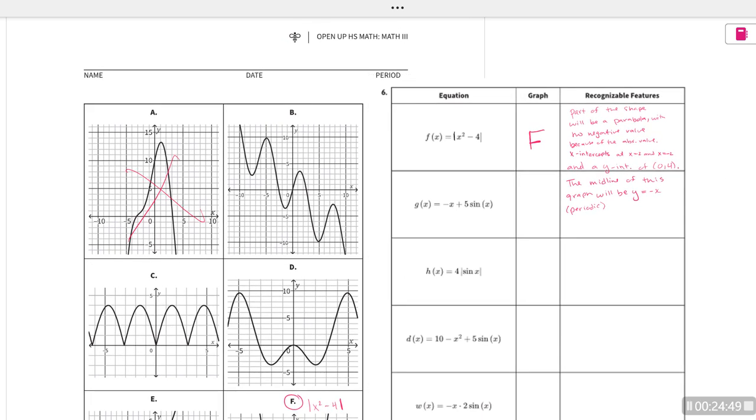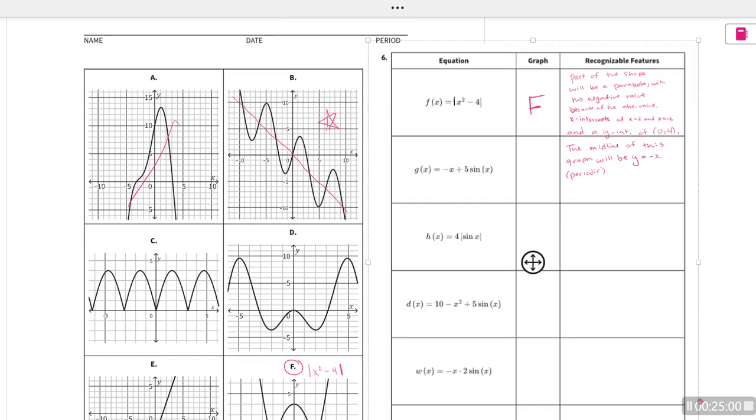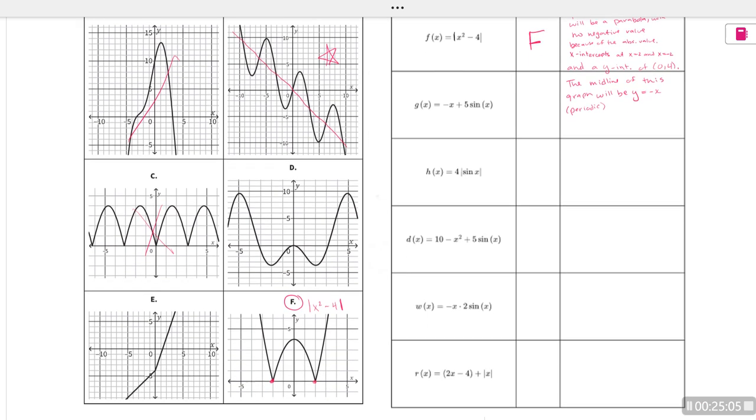So here, this is not periodic. We don't see things repeating itself. B certainly looks like it could be it, so let's definitely keep B in mind. C does have some periodic tendency. We see some replication, but we're not seeing that y equals x come up here. We're not periodic. And here we're all seeing a little bit of symmetry, but we're not seeing the sine function that we need to necessarily see.